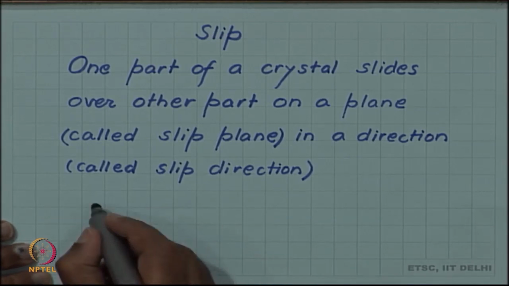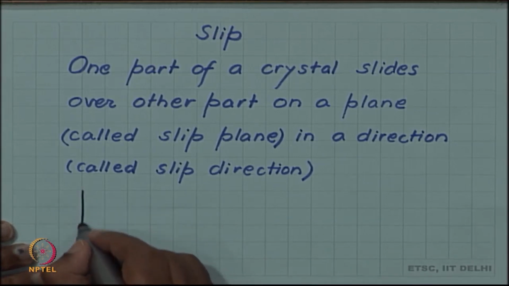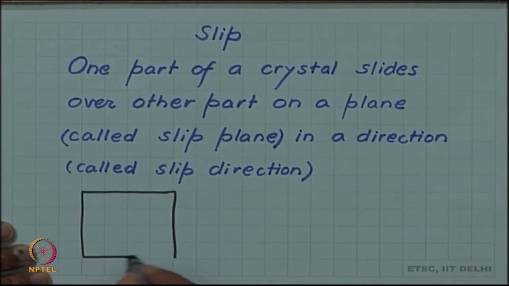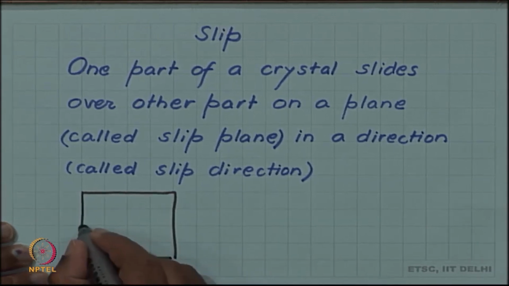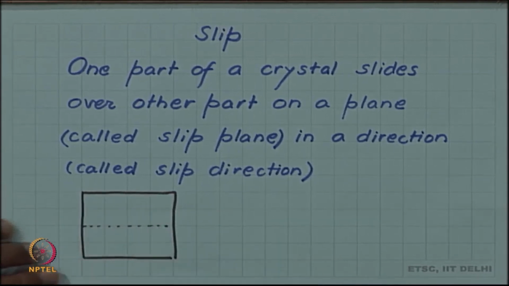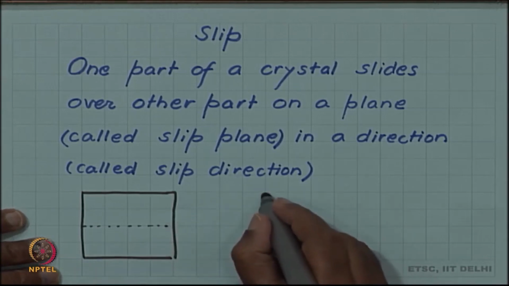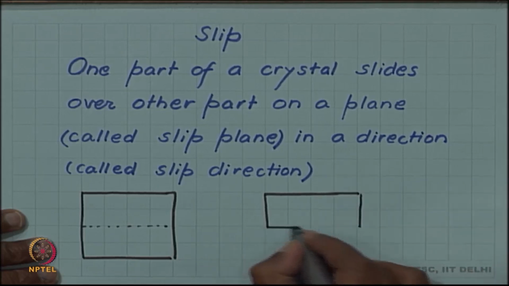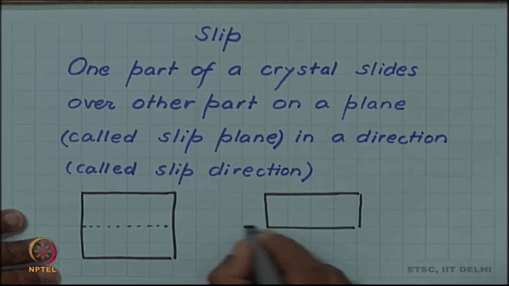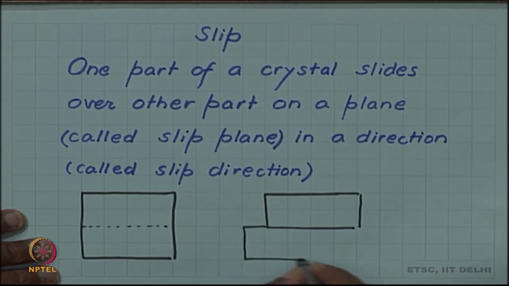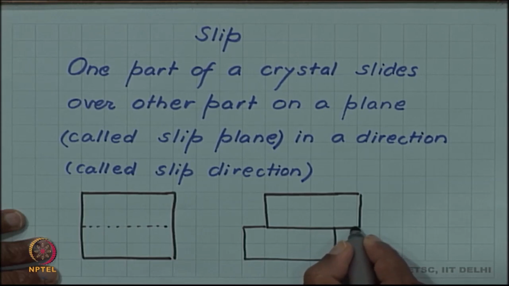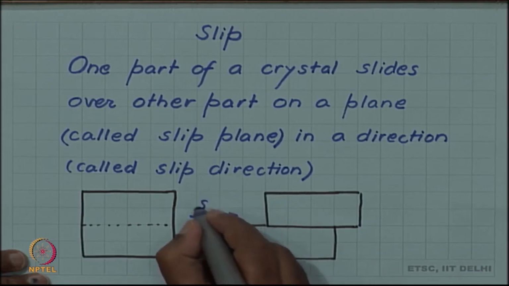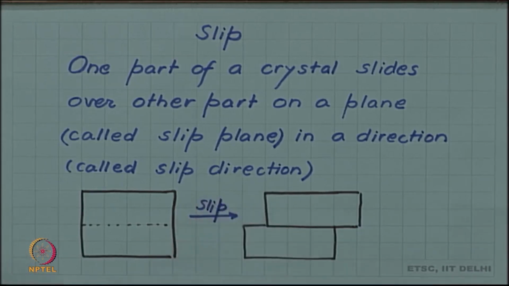Recall that we had something like this: if we have a block of material, and if this is deforming, one way of deforming is that on a plane like this, if the upper half slides with respect to the lower half, then we have obtained deformation. So, this is what we are calling slip.